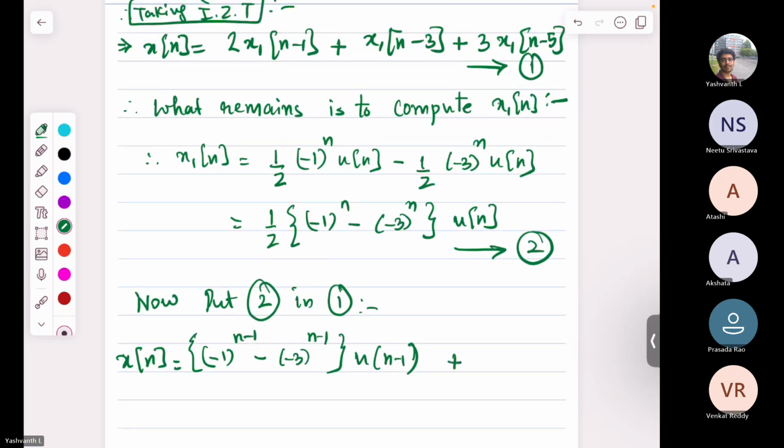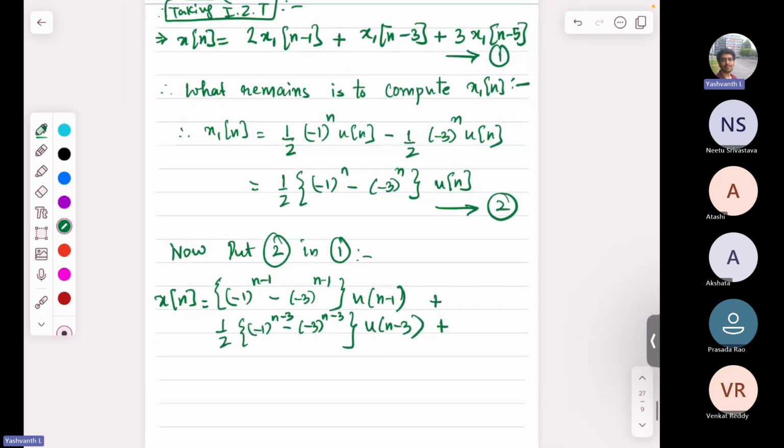Plus half into (minus 1 power n minus 3 minus minus 3 power n minus 3) into u of n minus 3, plus 3 times x1 of n minus 5, which is 3 by 2 times (minus 1 power n minus 5 minus minus 3 power n minus 5) into u of n minus 5.